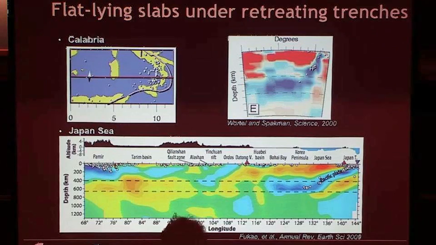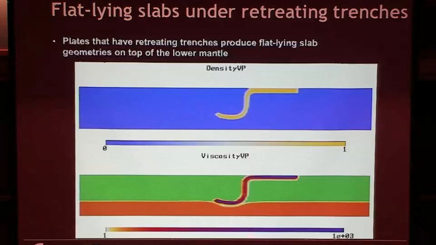So I want to show you this is a cross section through that model that I showed earlier, just at the symmetry wall. And you see we get a nice flat-lying slab resting on a viscosity interface just because of the trench retreat.